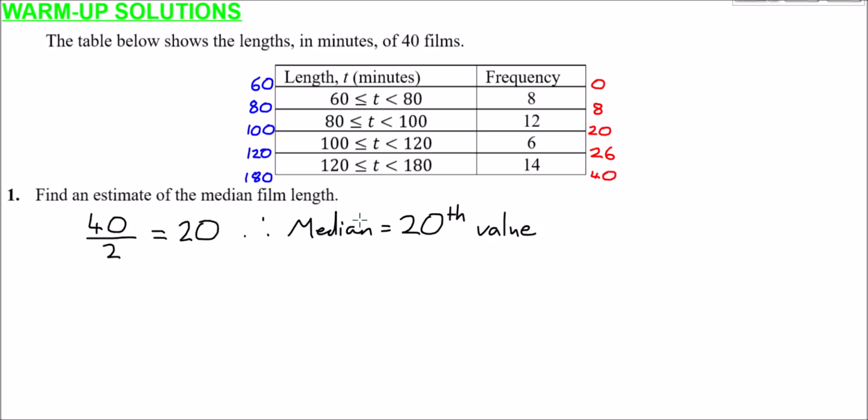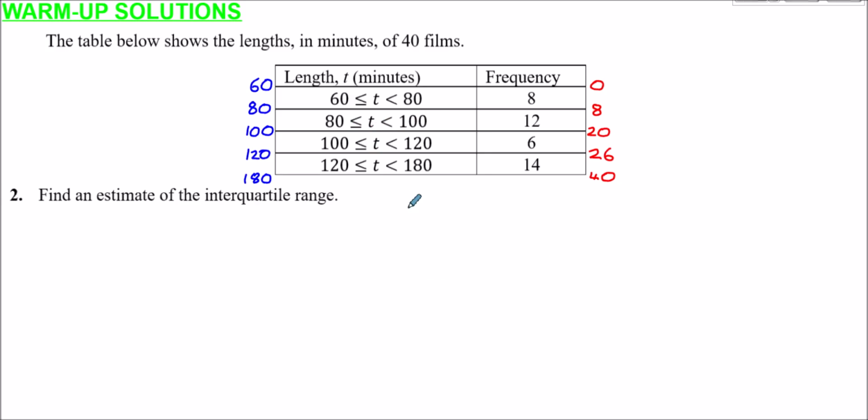So with a little bit of thought, we can actually see that the median is going to be 100 minutes. Because the median is actually one of these cumulative frequency totals. It's right on the boundary between 100 and 100, so it stands to reason the median is going to be 100 itself.